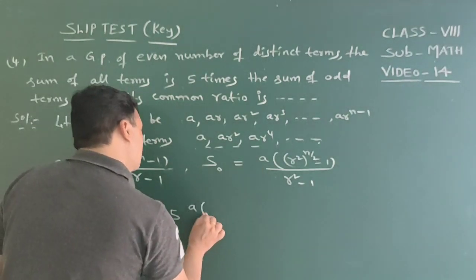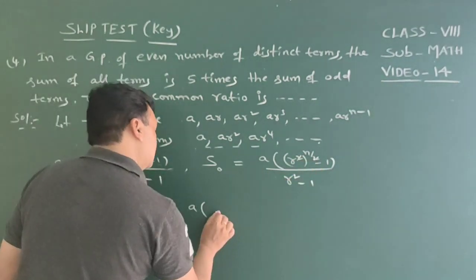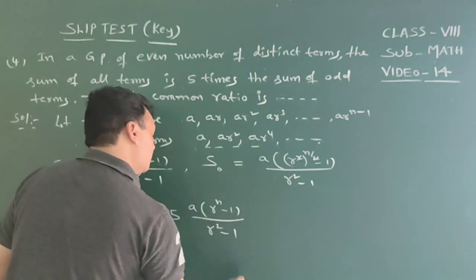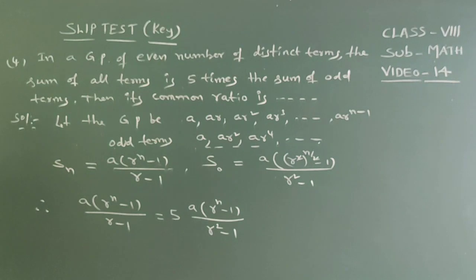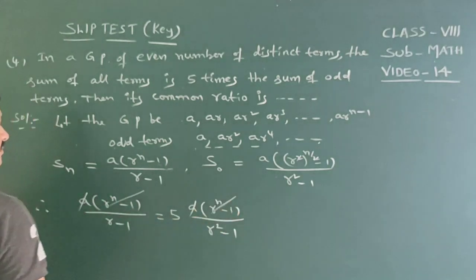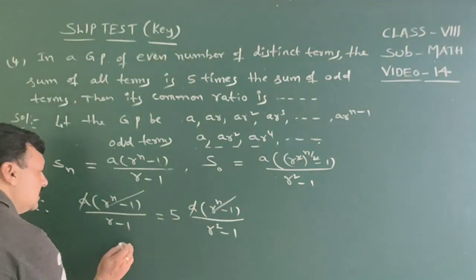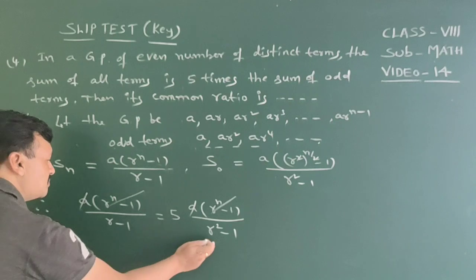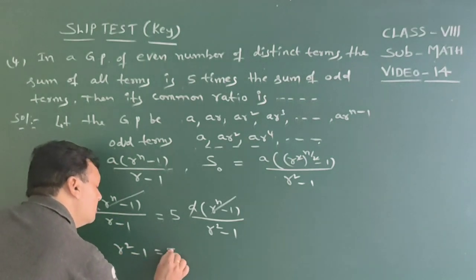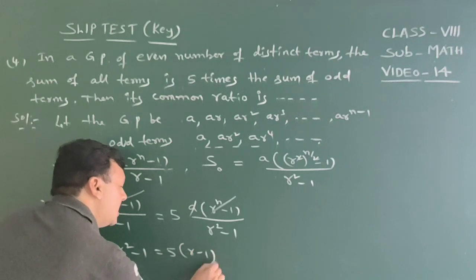Here A into R power n minus 1 by R square minus 1. A gets cancelled, R power n minus 1 gets cancelled. Cross multiply, then we get R square minus 1 equal to 5 into R minus 1.